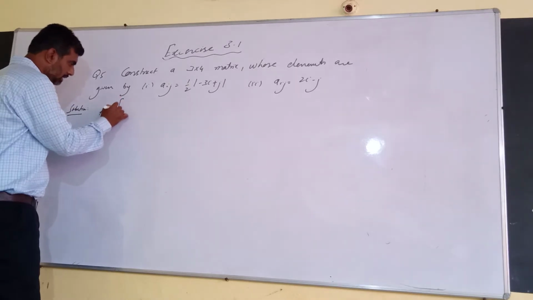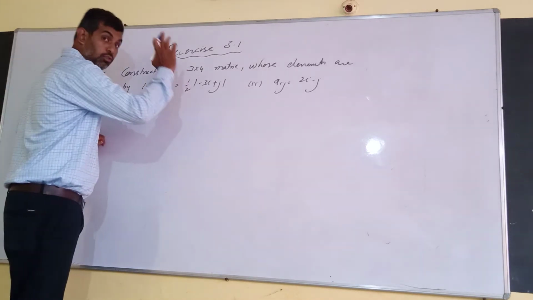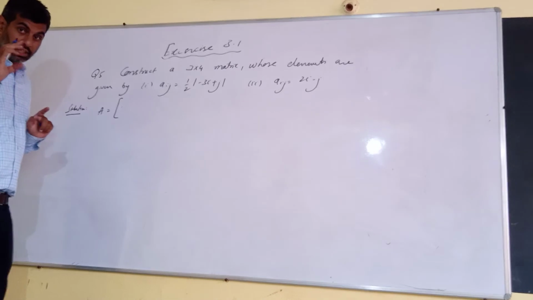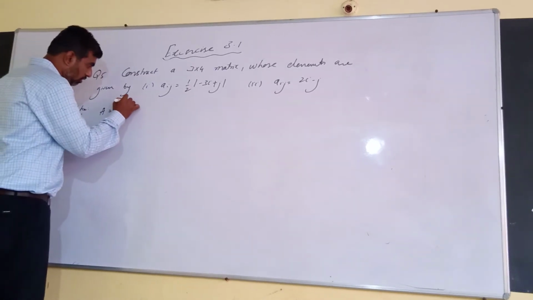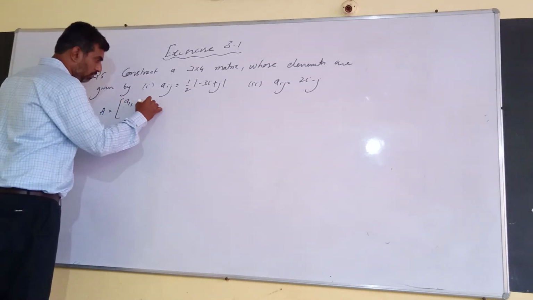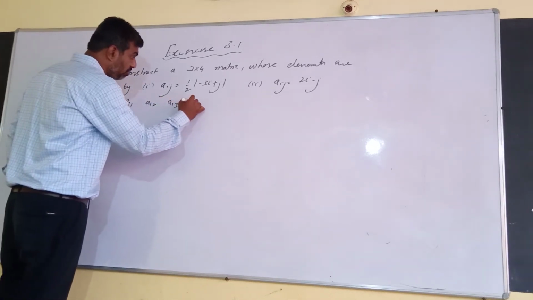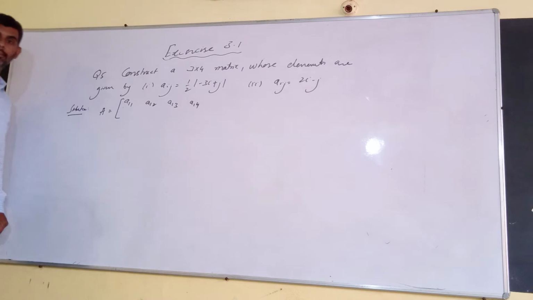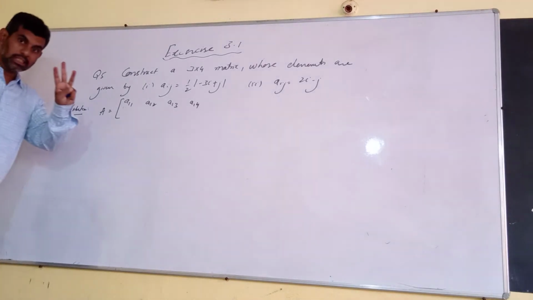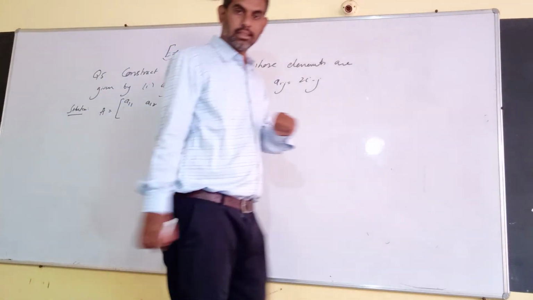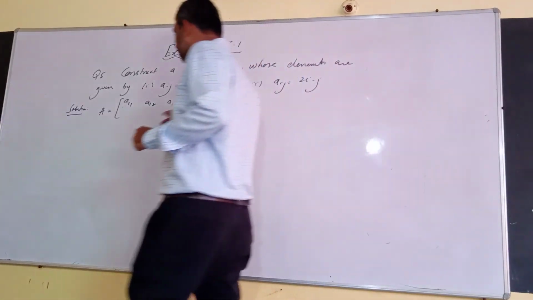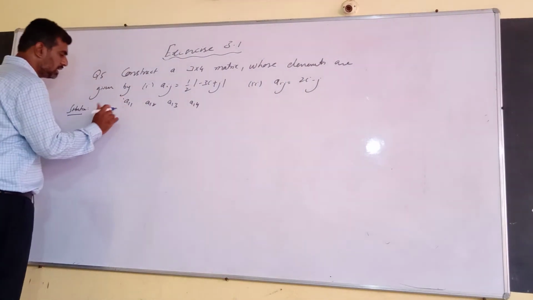What is the matrix? See here. 3 rows, 4 columns. First row, first column. First row, second column. First row, third column. First row, fourth column. See here, first row is completed. Now we will go to the next.